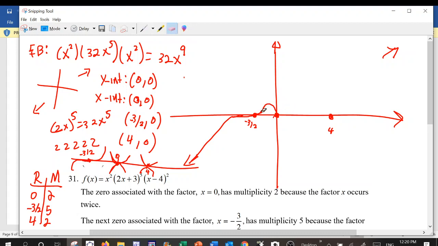Oops, I erased everything. Sorry about that. Okay, so come over here, and then it goes over here, and it crosses, and over here. Let's make sure we got everything correct here.